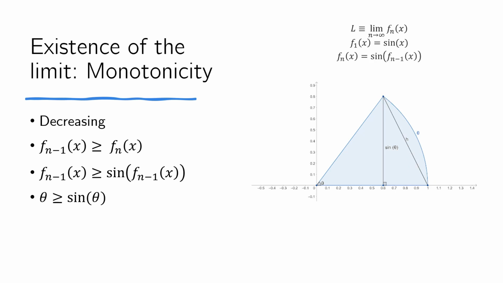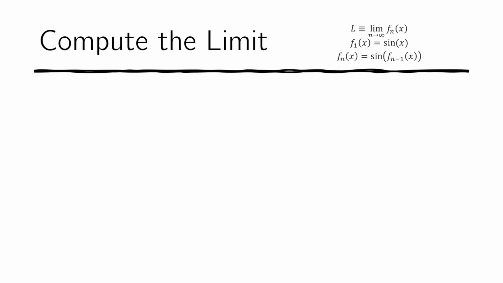So now that we've shown that it's monotonic and we've shown that it's bounded, we can actually start computing the limit. We start with this statement. This is just the same as this one here.